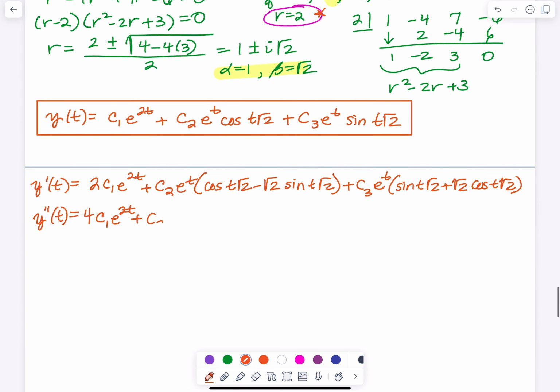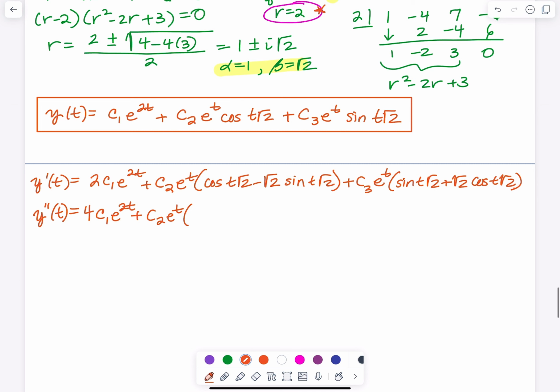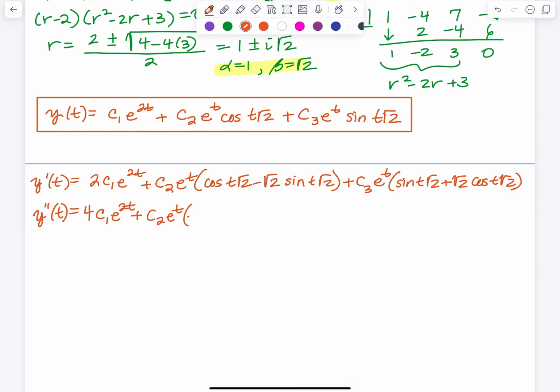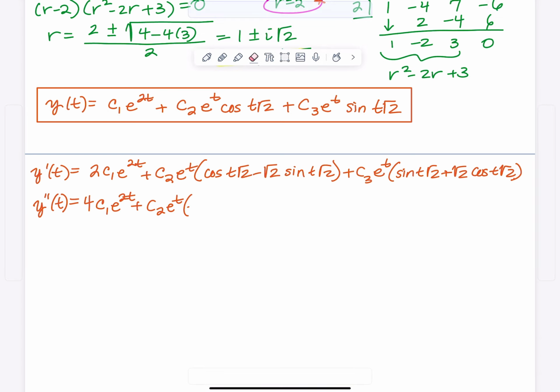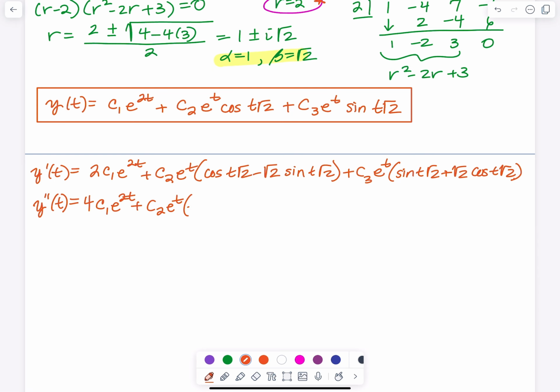We'll keep that c2 e to the t factored out, and we have the opposite of the cosine of t root 2, minus 2 root 2 sine of t root 2.